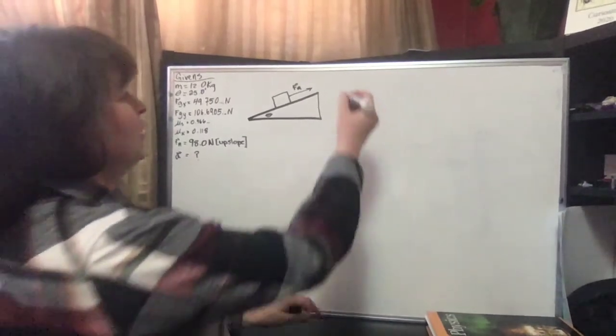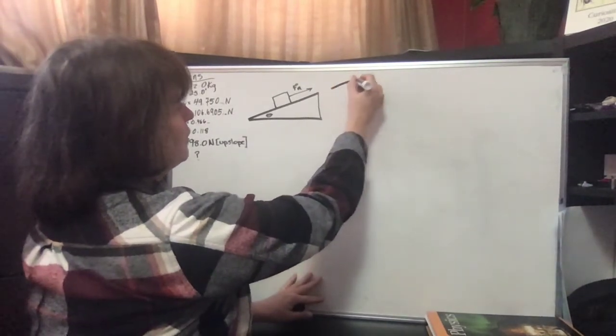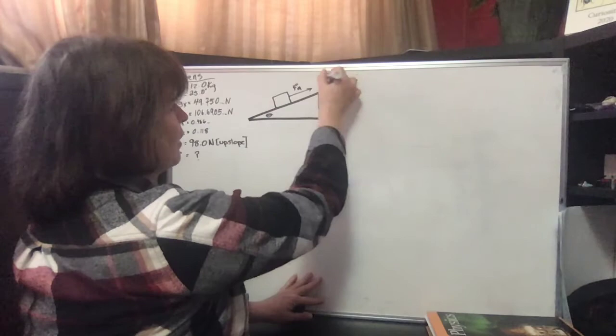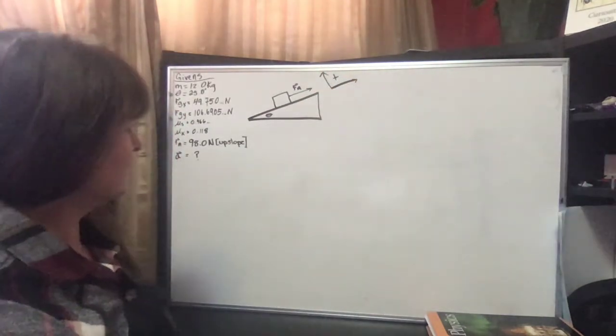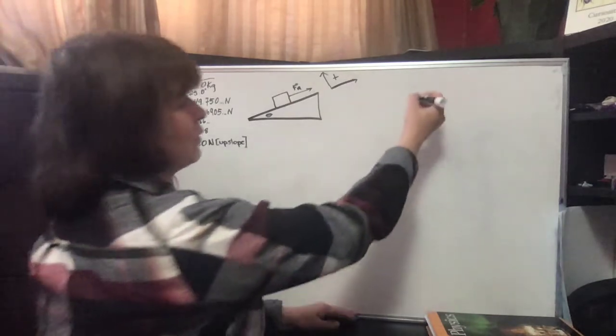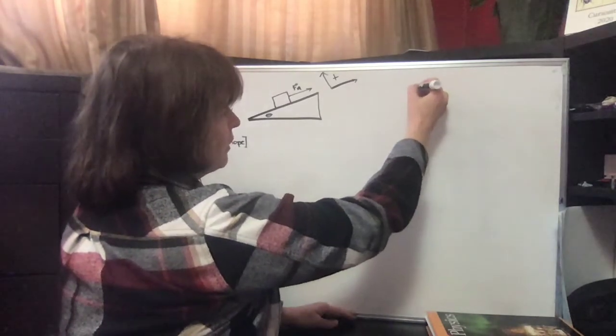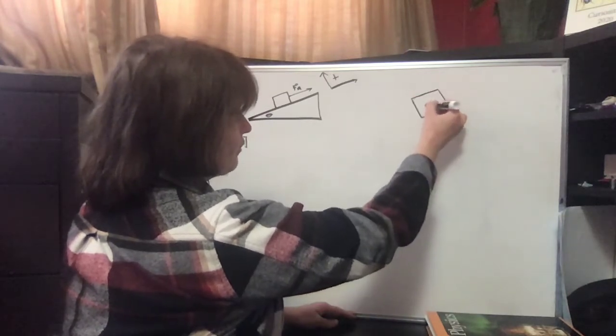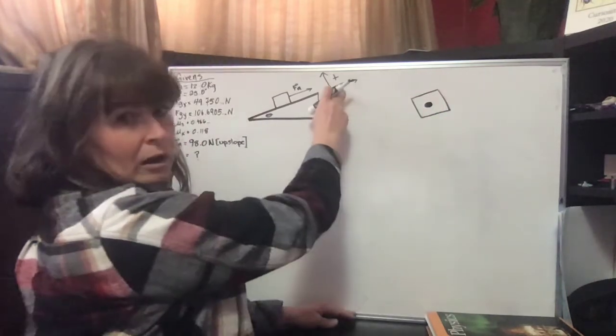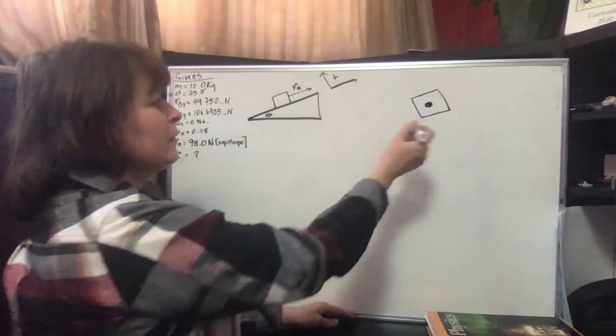First of all, we put our axes on to indicate what directions are positive and negative, and we'll do a free body diagram in that plane as well. So here's our FBD. I'm going to cheat and just use that one as well.